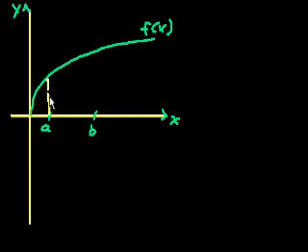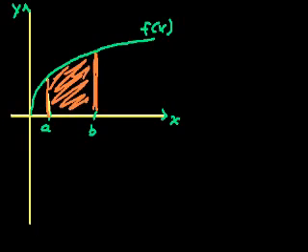Let me use a different color. So if we wanted this area right here, as a review, we would be summing up a bunch of rectangles, where each rectangle has a width dx, and its height at that point would be f of x, right?